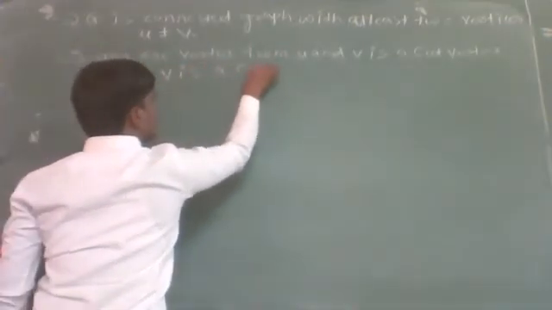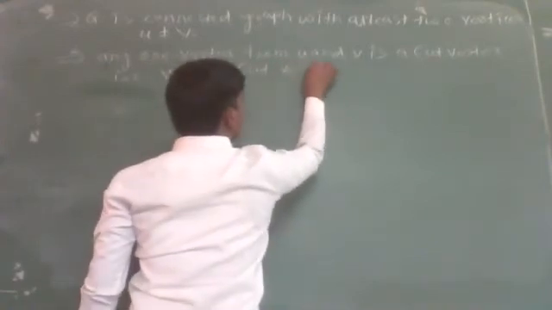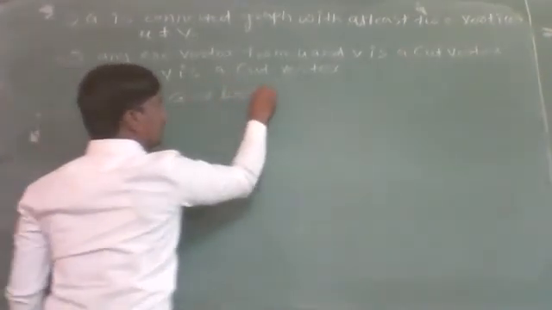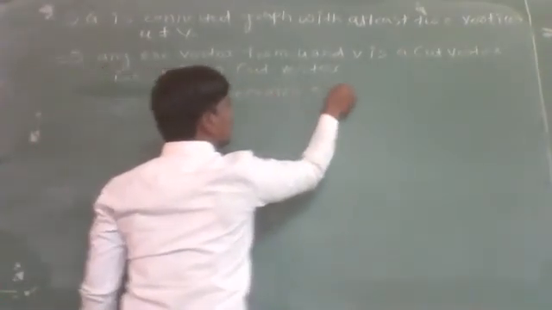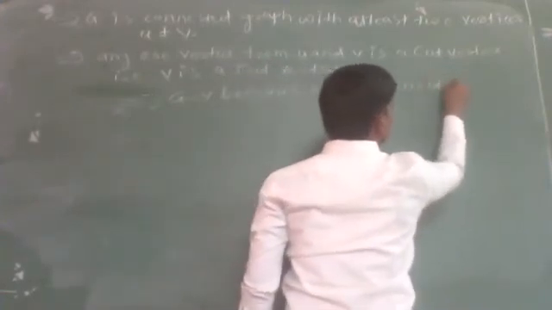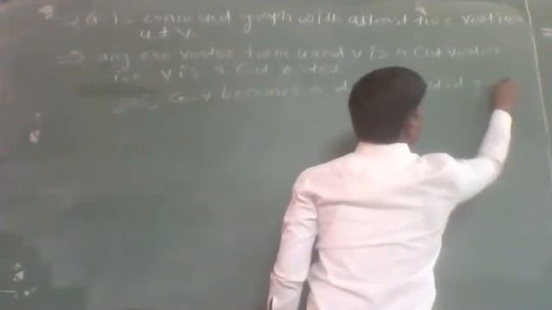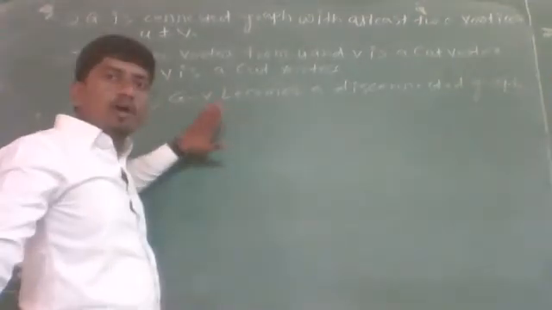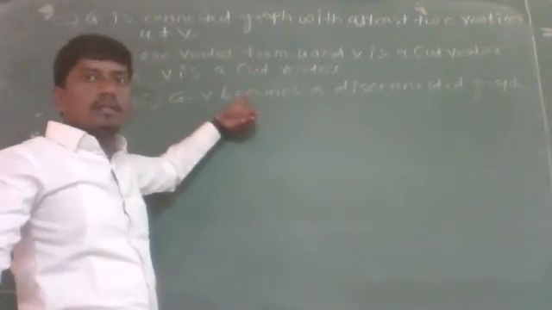As V is a cut vertex, then by definition of cut vertex, G minus V becomes a disconnected graph. As G minus V is a disconnected graph and U is already present, there exists some vertex W which belongs to a different component than the one U belongs to.